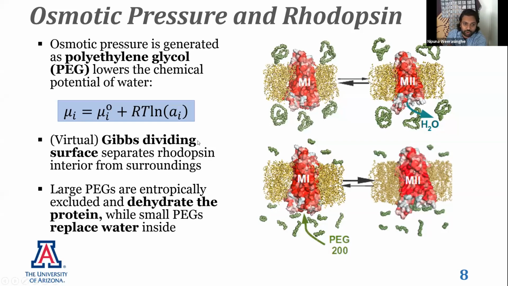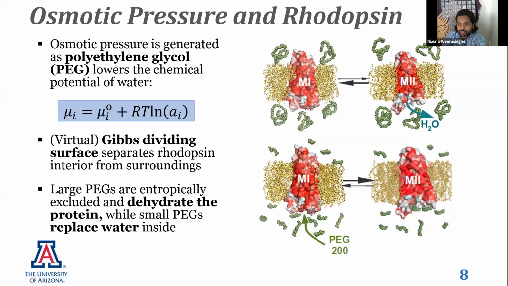And when we do the calculation, we also assume the opening of the protein to the outside as a Gibbs dividing surface. We also divide our osmolytes into two groups, large osmolytes and small osmolytes.